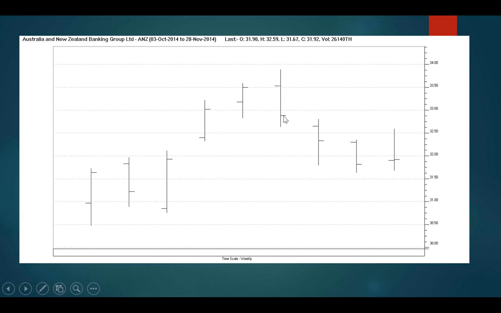This one that goes off to the right, that is what they call the closing price. So that would represent, just as we had in our line chart, the closing price for that time period. So here we have a representation of the high, the low, the open, and the close, and it's joined with a bar.